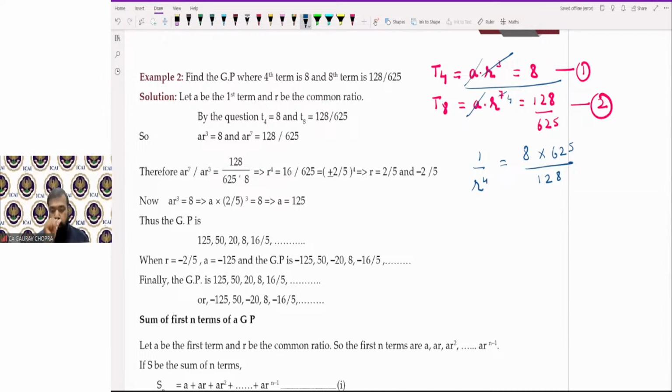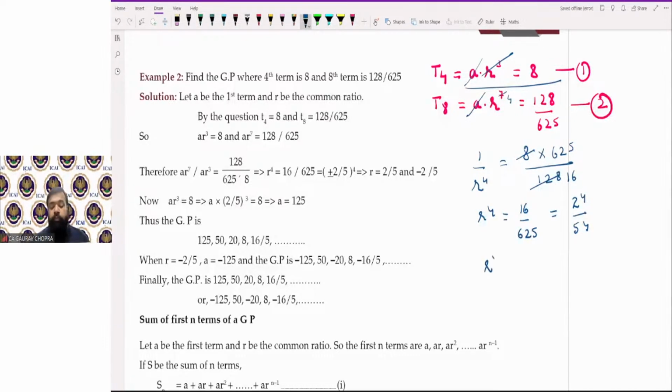Okay. Now we can cancel it further, or further cancel करने के बाद what we are getting? 16. So R to the power of 4 is equal to 16 upon 625. Now 16 is 2 to the power of 4 and 625 is 5 to the power of 4.